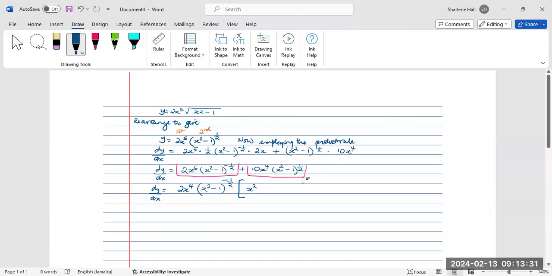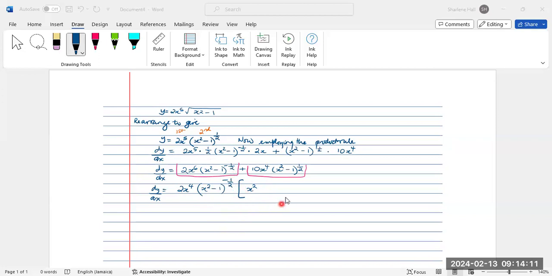Because when I multiply 2x to the 4th by x squared, I'm going to get 2x to the 6th. What do I multiply by x squared minus 1 to the negative a half to give me x squared minus 1 to the negative a half? One. So there's nothing more for me to multiply by.